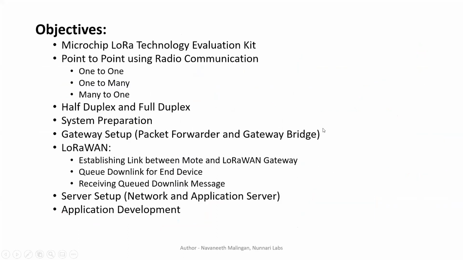Fine. So now what we'll do is, we will not do one to one. I forgot to tell you one thing. Without using LoRaWAN, you can use point to point communication, P2P, with two LoRa devices. Let's say you have a LoRa device here and another LoRa device here.